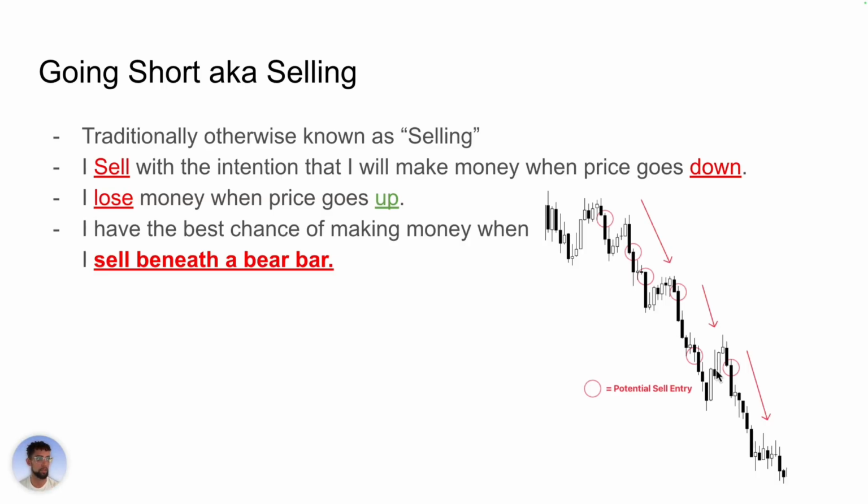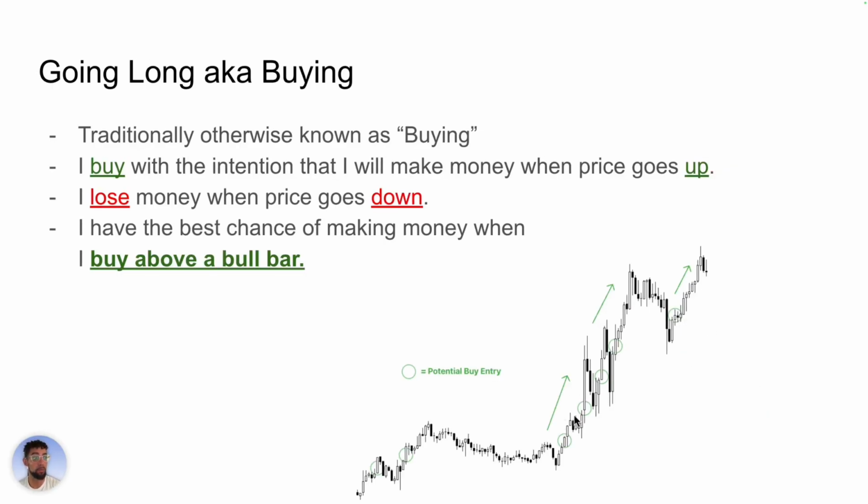In this case, this was a downtrend and you're selling underneath bear bars in a downtrend, you have a better chance of making money. If you're buying above a bull bar in a bull trend, you have a better chance of making money, right? If you buy above here, you're getting executed here and you're risking off of here and you're not losing, right? It's all dependent on where you want to risk and where you're buying.